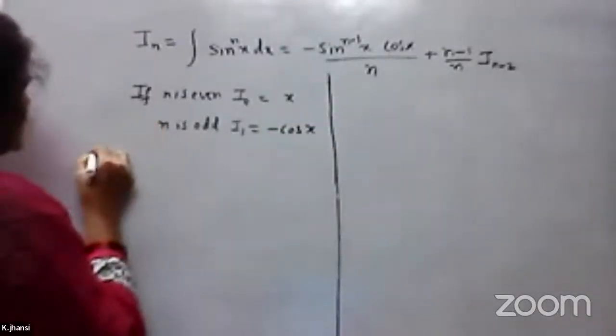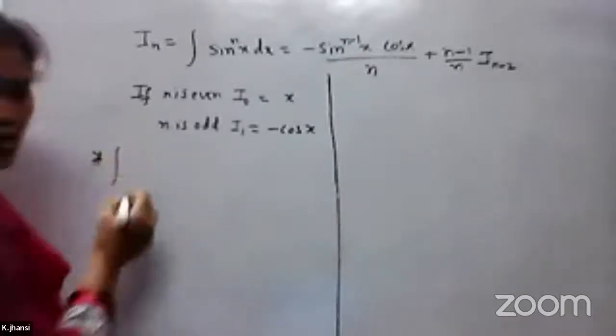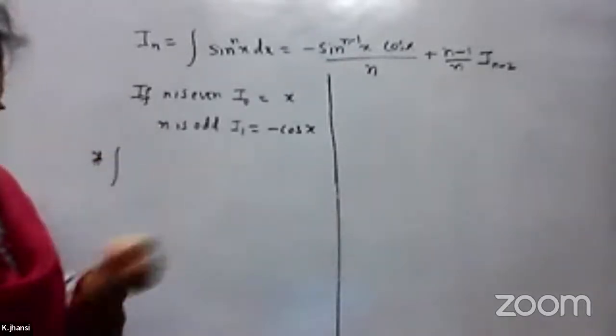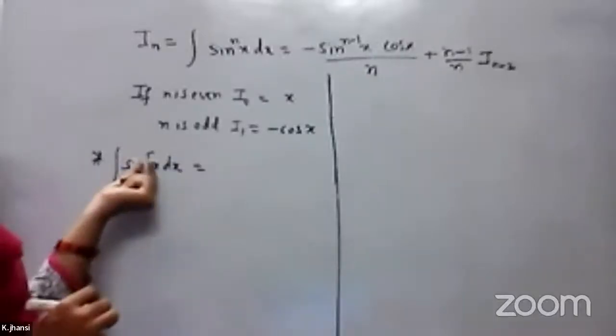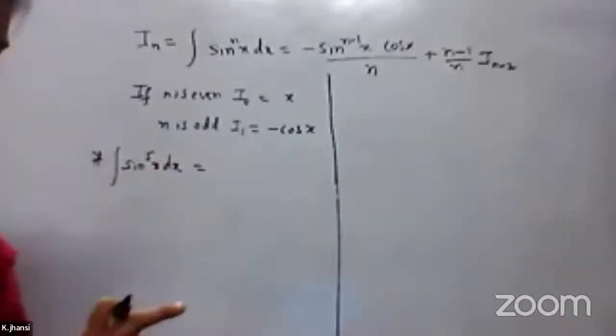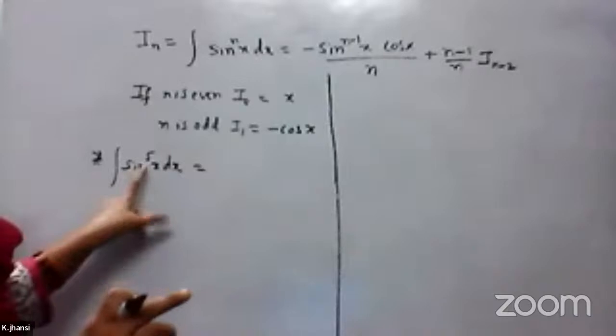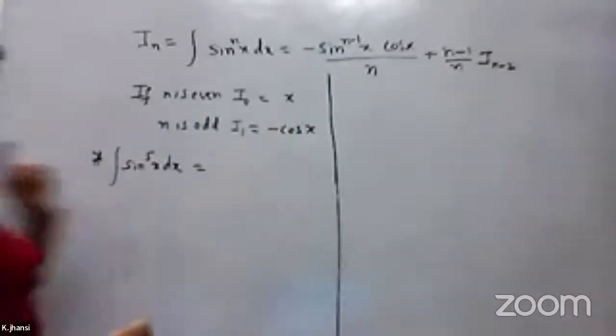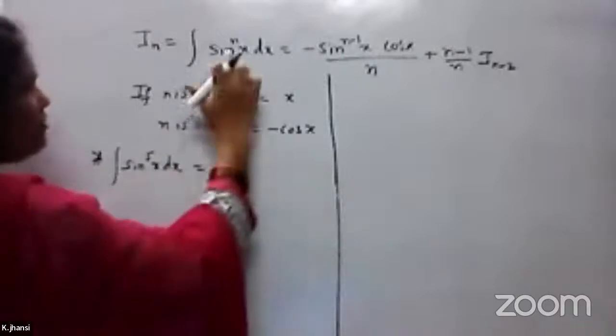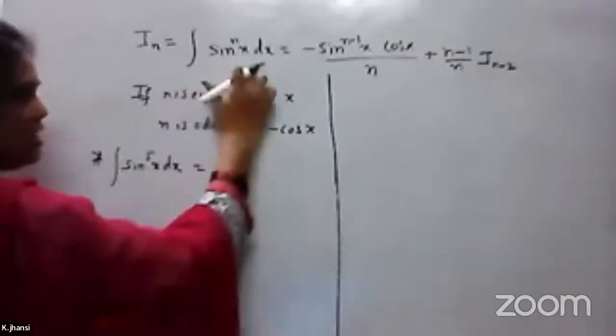So we'll see one example, that is the integration of sine to the power of 5x dx. Okay. So here 5 is an odd number. So when n is odd, we get the I1 value as minus cos x. So substitute this n value as 5 in this formula.